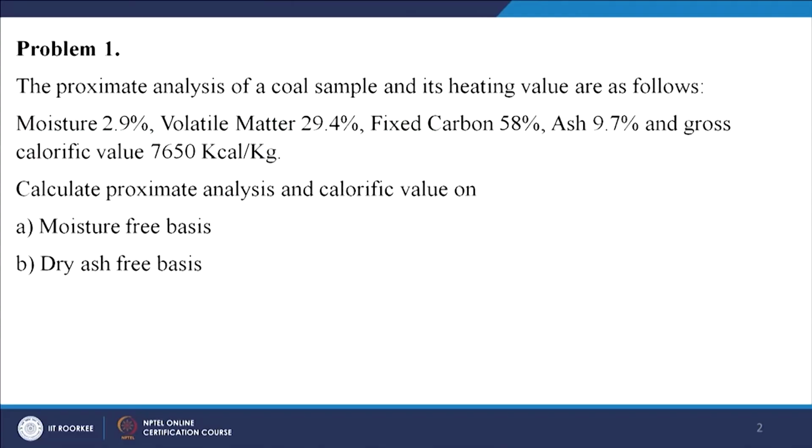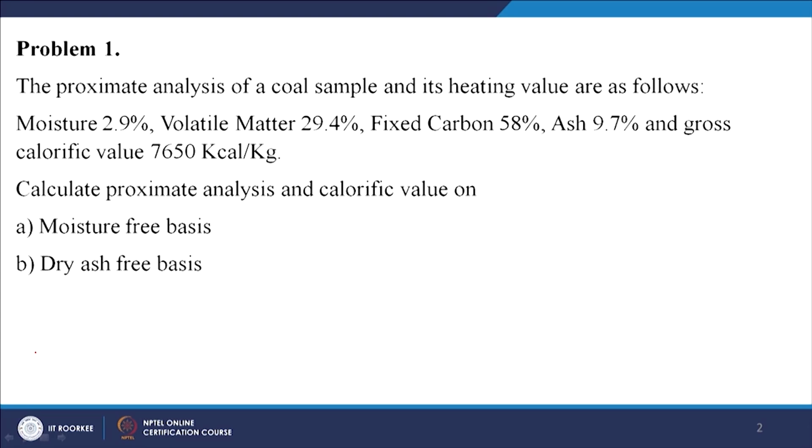Hi friends, now we will have a tutorial class, and in this class we will solve some numerical problems based on the topics discussed in the last 4 classes. Our first problem statement is the proximate analysis of a coal sample and its heating value are as follows.